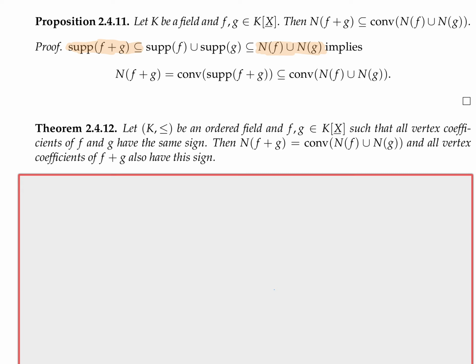Okay. Then we have here equality: the Newton polytope of f plus g equals the convex hull of the union of the Newton polytopes, right? And we will see this in a minute. And all vertex coefficients of f plus g also have this sign.